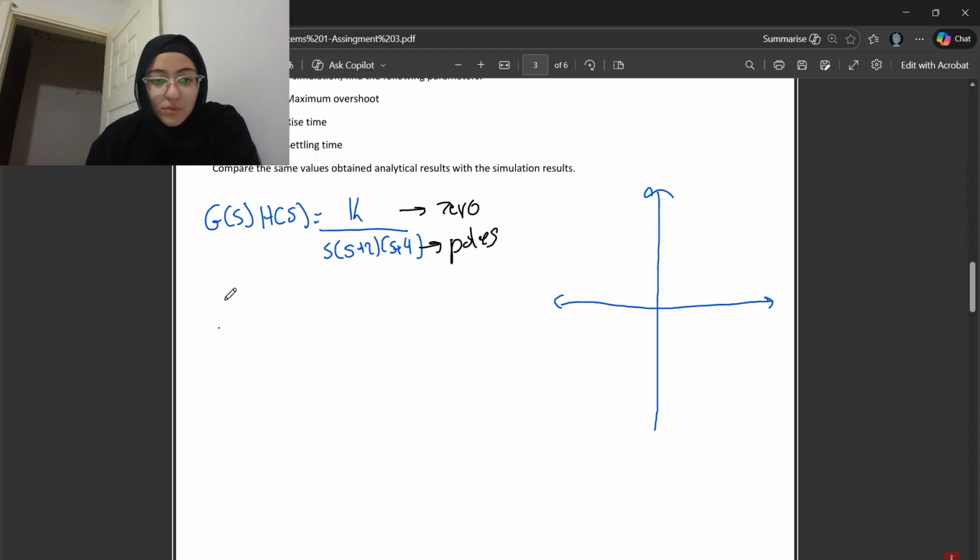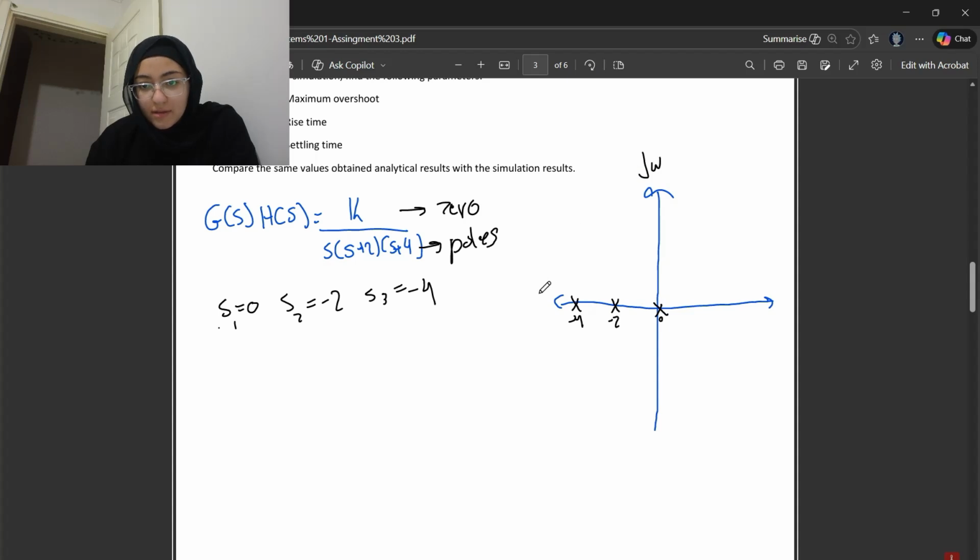The poles will be s1 equals 0, s2 equals -2, s3 equals -4, and we need to draw them on the root locus plane. Here is the 0, here is the -2, here is the -4.